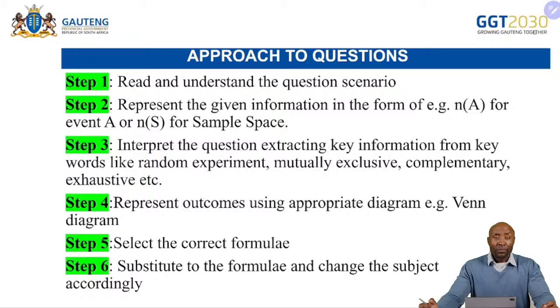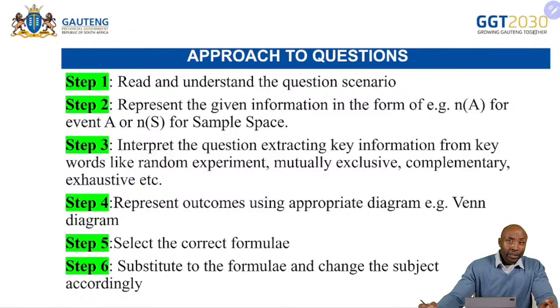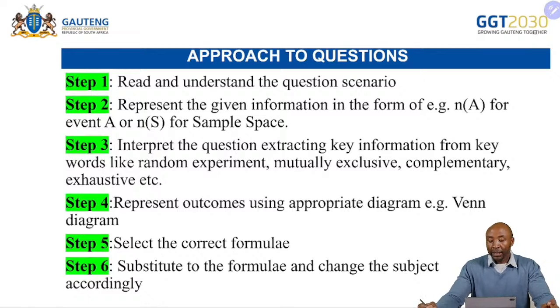Now, we shall quickly start looking at questions. I hope the theory is just to revise the grade 10 one. Please read and understand the question or scenario. Represent the given information, e.g., if event A is this, are you looking at numbers or are you looking at probabilities?